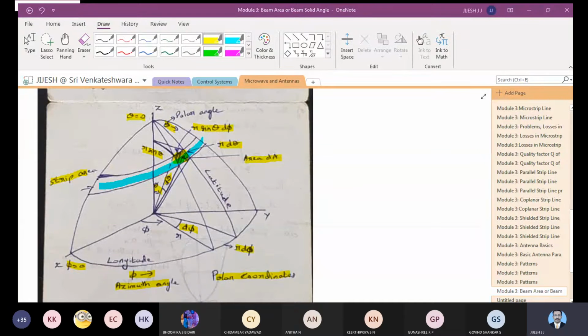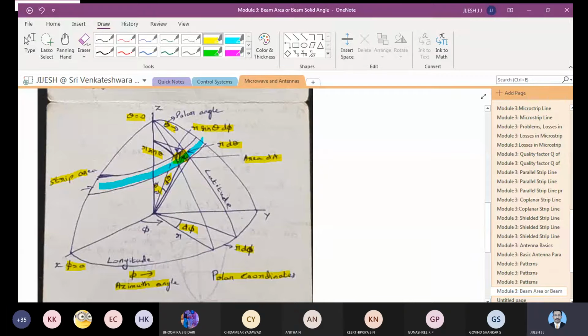Theta is 0 here, and phi is equal to 0 here, and this small incremental area is what we are going to consider. This incremental area is called the area dA. One side is r d theta, and the other side is r sin theta d phi.